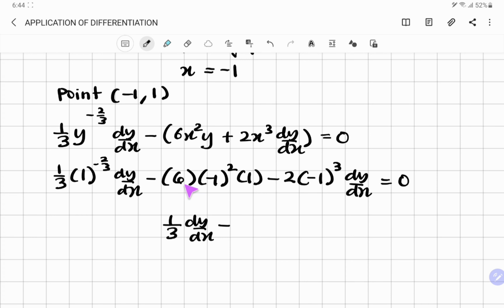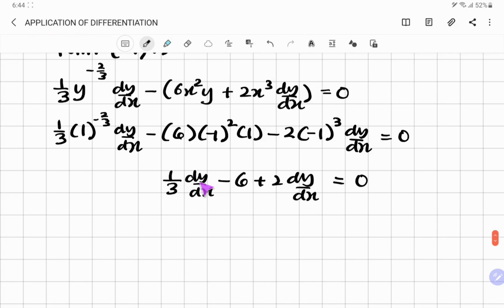Minus 6 times negative 1 squared times 1 is negative 6. And negative 2 times negative 1 to the power of 3 dy/dx is positive 2 dy/dx, equals 0.